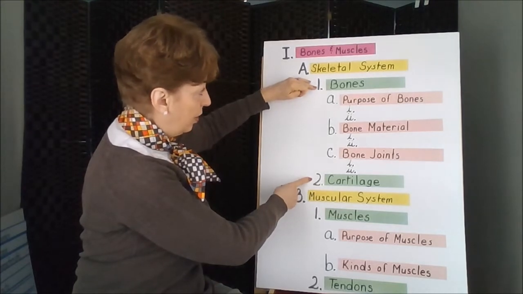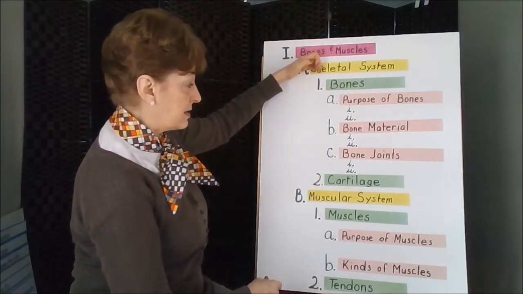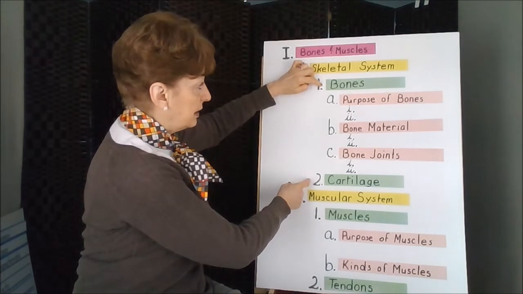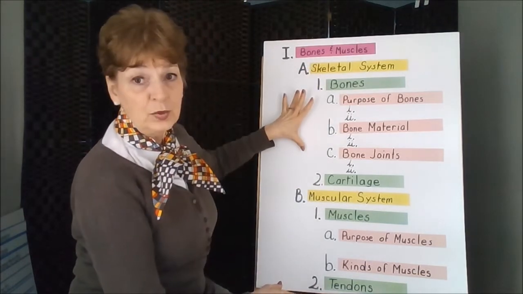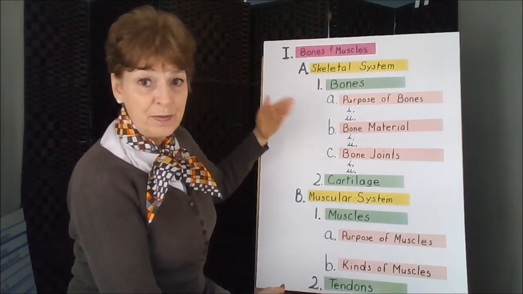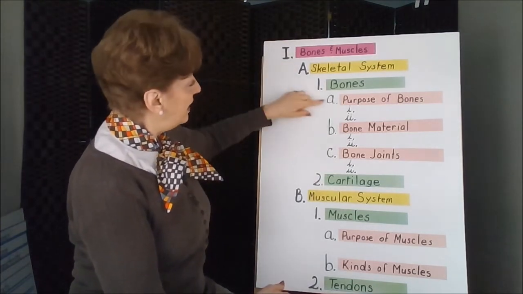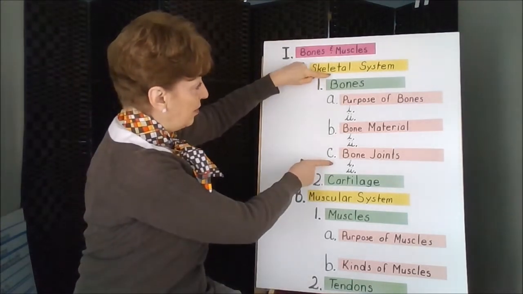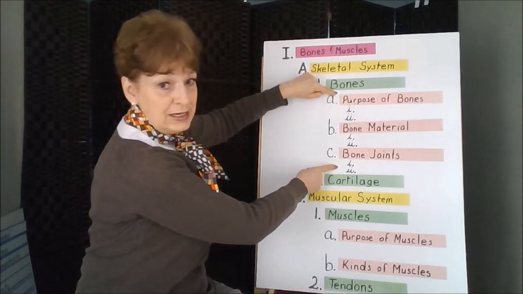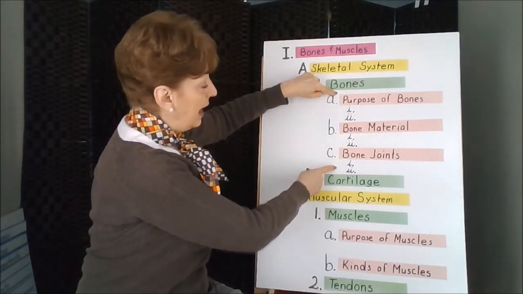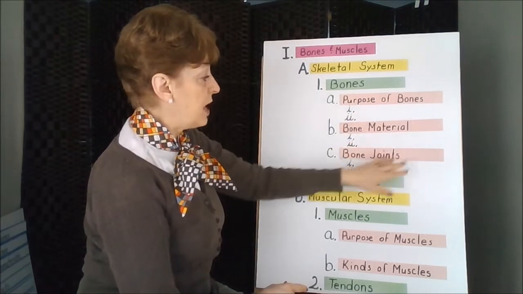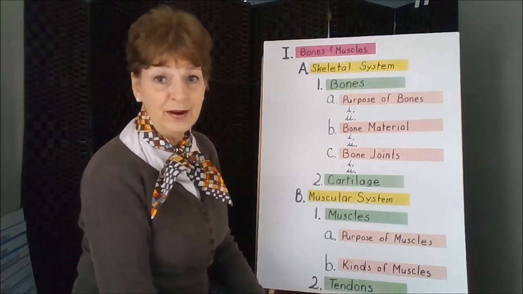I have two of those underneath the skeletal system. Bones and cartilage have equal importance within the information in this particular chapter. Underneath the bones, there are 3 sections, 3 topics, and I didn't put the detail in for the subtopics, but that would be within the paragraph.